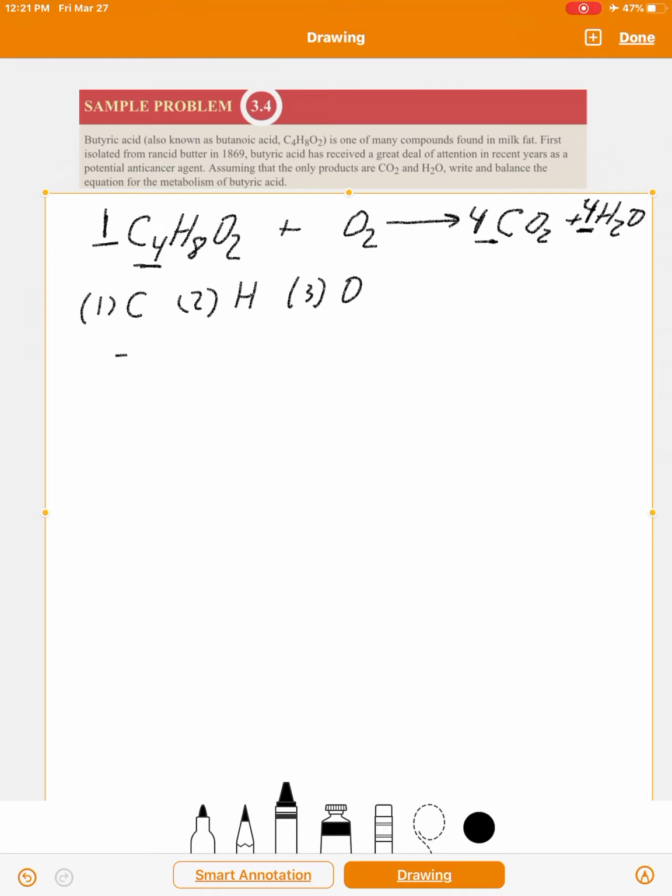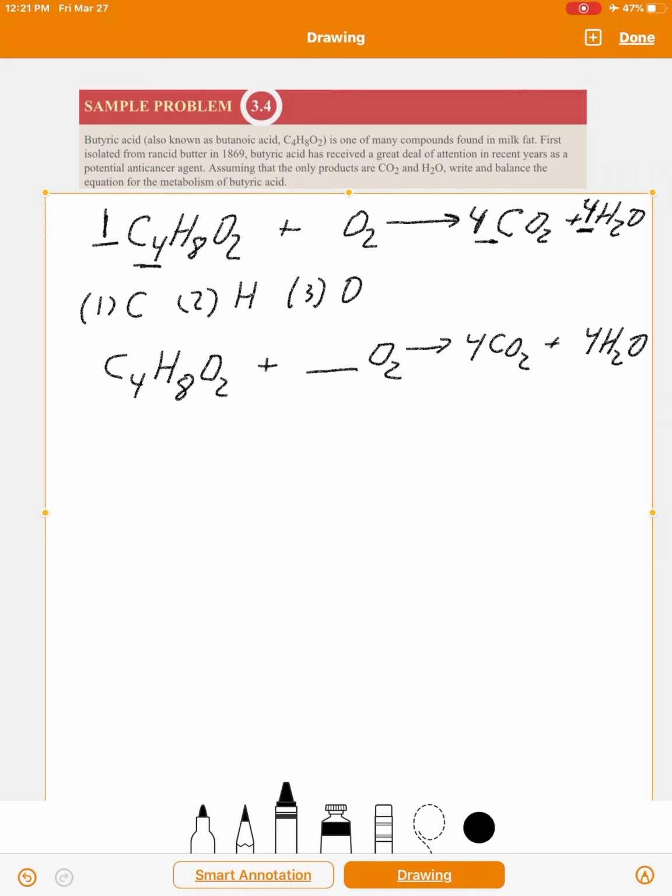So now it's just the oxygen that we have to do. So I'm going to write the equation again, because it's a little busy up there. We now are going to do the third element. So I'm going to write O2 and put a little line in front of the O2. 4 CO2 plus 4 H2O. Okay? So now we need to figure out how many oxygens.